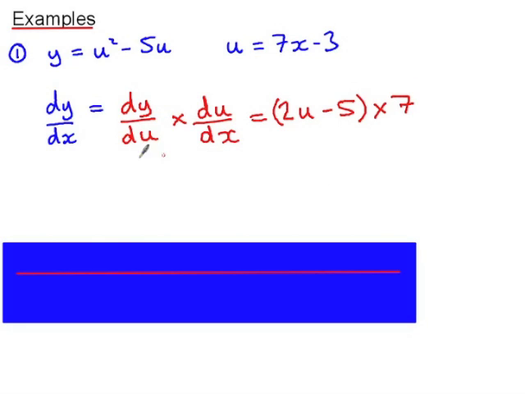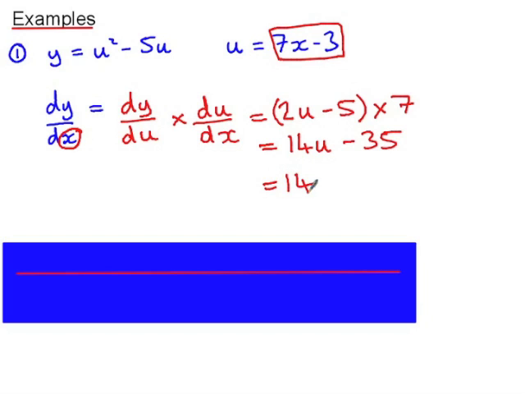Now we haven't quite finished because we are looking for dy by dx, which remember means the derivative of y with respect to x. So my final answer needs to be given in terms of x. If I simplify this, I get 14u take 35, but remember u is 7x take 3, so this is 14 times 7x take 3, take 35.